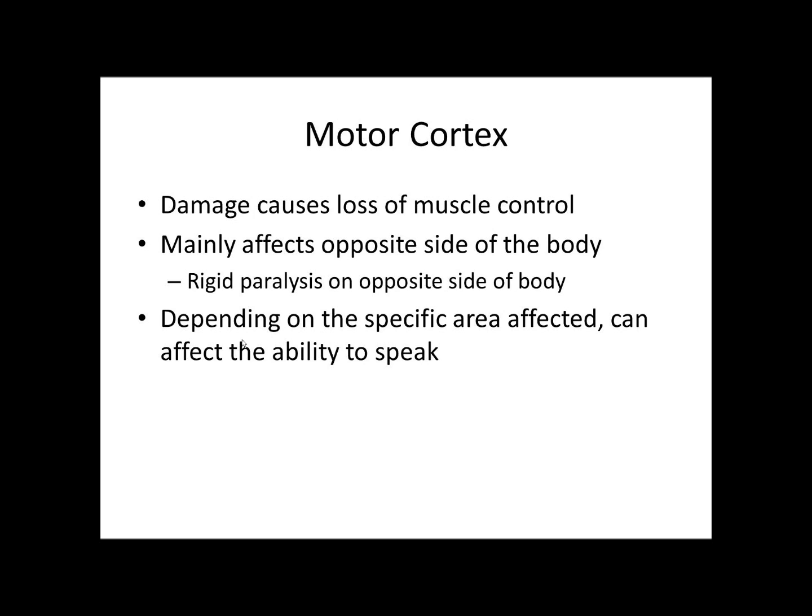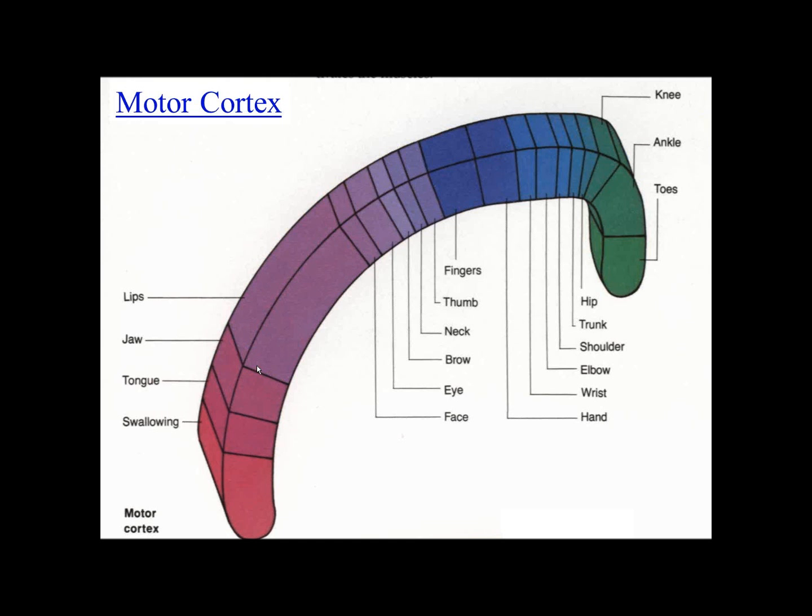And depending on the specific area, it can also affect the ability to speak, because you can have the content, you can have the motor template, but if the motor cortex functions that drive the larynx and the lungs to push out air through the larynx, and the tongue and the lips that produce that form, and the mouth that forms the speech syllables aren't working, then you'll still have problems with speech.